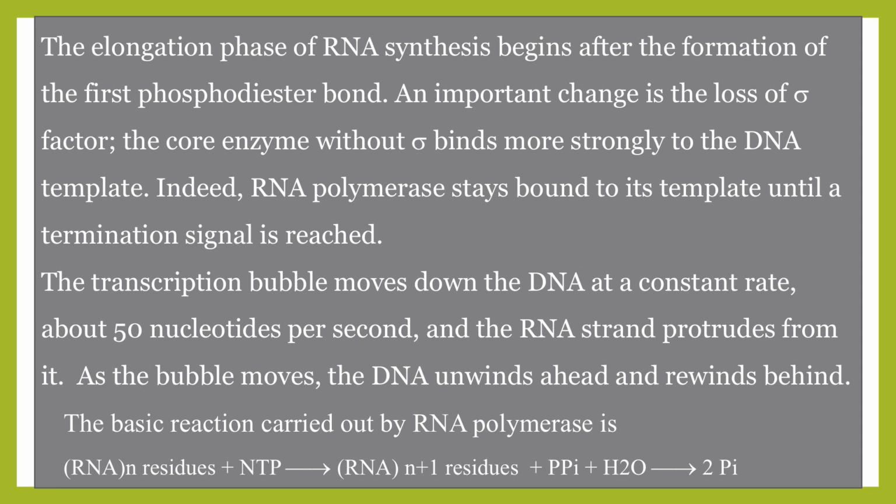So the template strand determines the sequence of bases in RNA. An important change in the elongation phase is the dissociation of the sigma factor. Then the transcription bubble moves downward. Why downward? Because upstream there is the promoter, and downstream is the coding sequence.